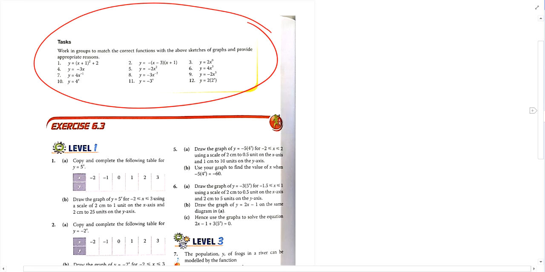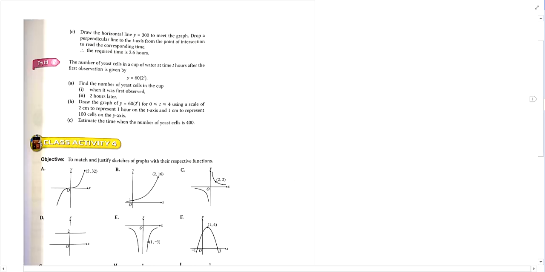Just tell me the equation number 1 to 12. Which one is it? Yeah, this one, part A. Huh? A and C? What do you mean A and C? I'm asking you for the answer to part A. What is the equation to part A?